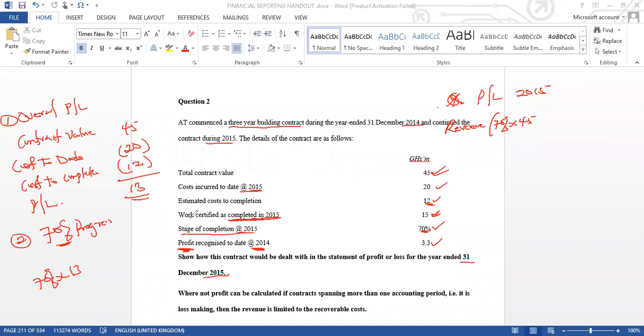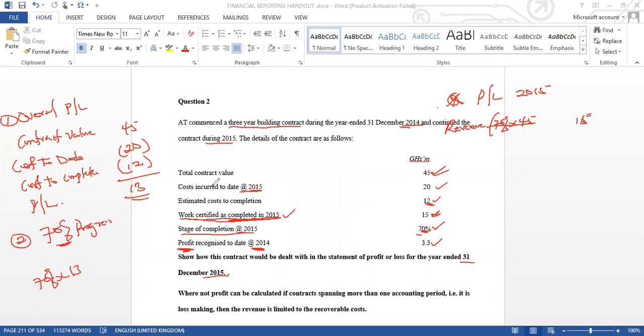Read the question well. Work certified as complete, and it is in amount. So I already have my 15, because I want the P&L for that particular year, and they're giving me work certified. The percentage is from whenever they started the project, which is 2014, to whenever they have finished up to, which is 2015. But they've given me only 15 for 2015, so I'm good to go.